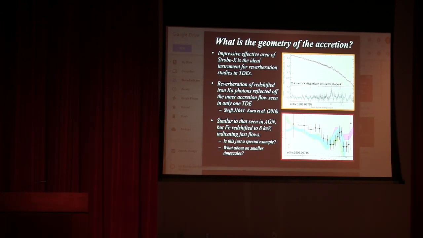And so STROBE-X can really, I think, do this because it can collect so many photons in a reasonable observation exposure time that it would make this instrument amazing for tidal disruption events.